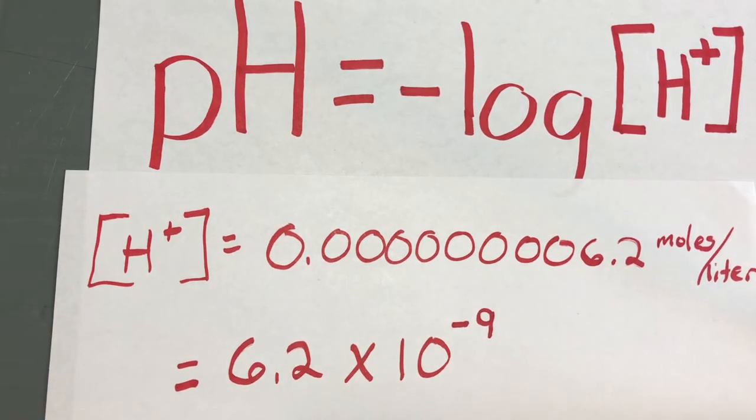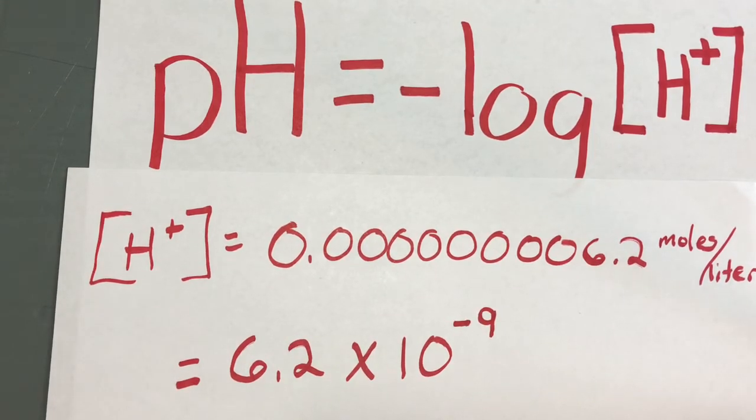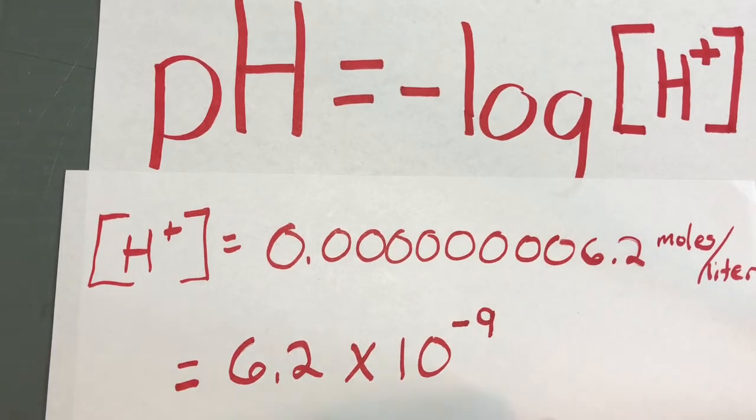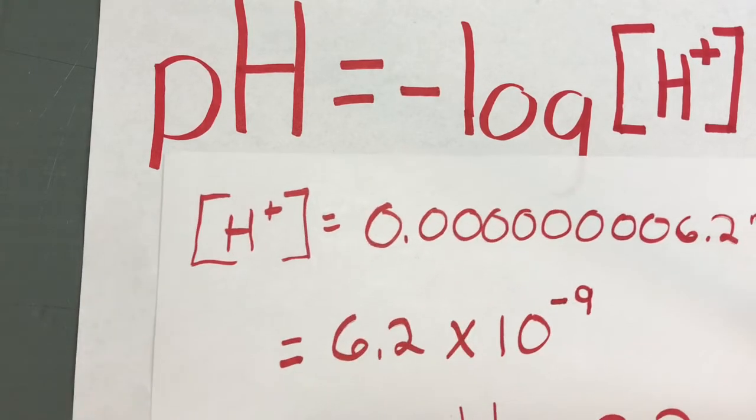In scientific notation, after I moved my decimal, I'd have 6.2 times 10 to the negative 9th. That would be our mantissa. It's 6.2, so I can't just use the exponent in order to figure out the pH. I'm going to have to use my calculator.